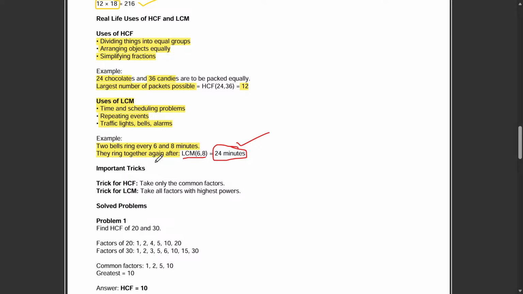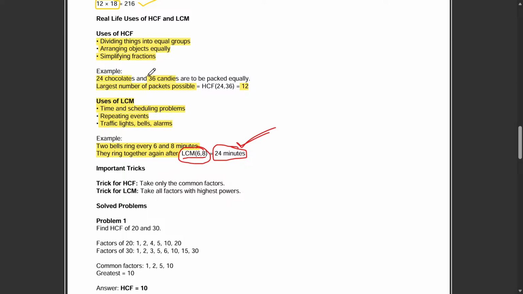So they ring together again after 24 minutes. If two bells ring every 6 and 8 minutes, they ring together after how many minutes? Okay, so if we take the LCM of 6 and 8, we'll get 24 minutes. So these two bells will ring together after 24 minutes.